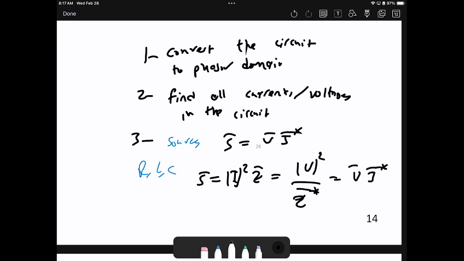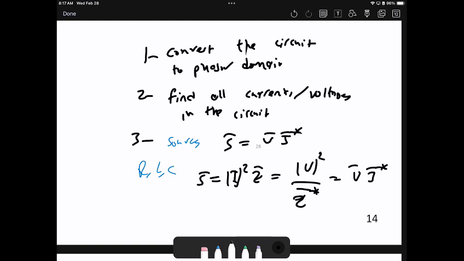If you know the current, you can say I squared as a magnitude times Z bar; there is no need to calculate the voltage. If you know both voltage and current, you can say V times I conjugate. If you know only the voltage, you can say V squared over Z bar conjugate. This is similar to what we discussed in DC, so use whatever you need.